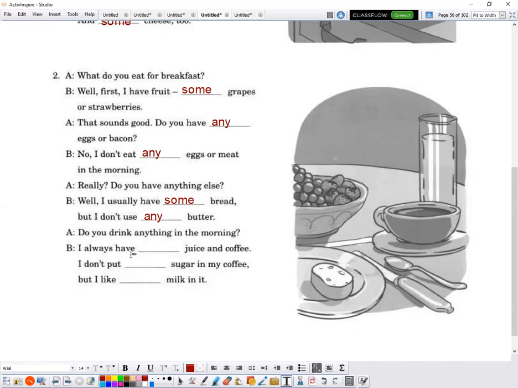Do you drink anything in the morning? I always have some. Why some? Affirmative. But I don't put any sugar. But I like some. Why some? Affirmative.